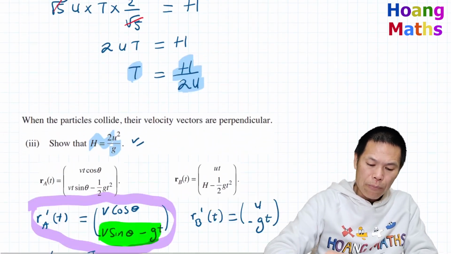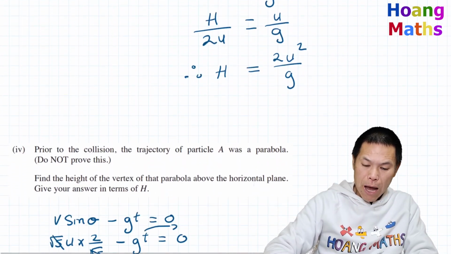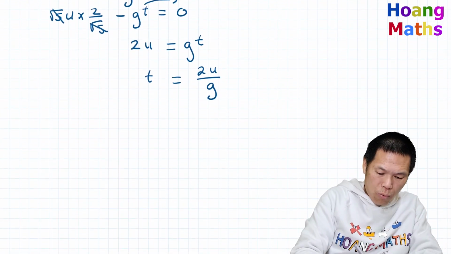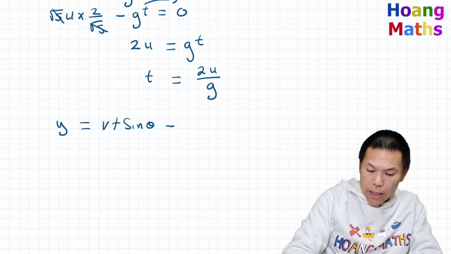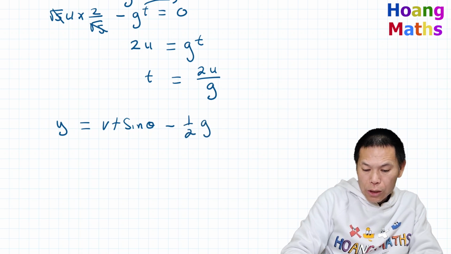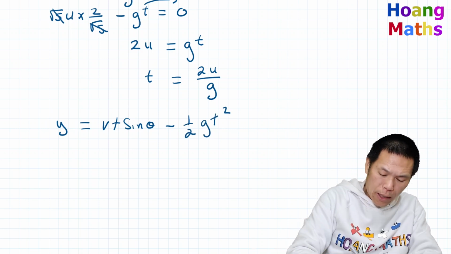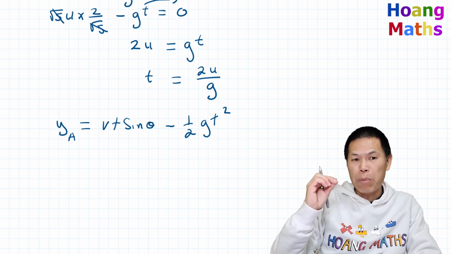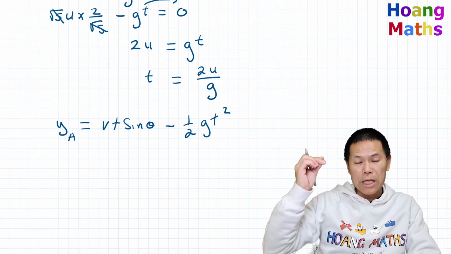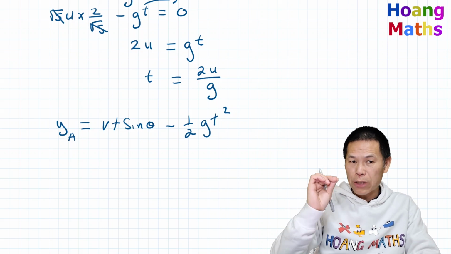Let me write this down. So y is vt sine theta minus a half gt squared. Let's call this y_A, because we just need to focus on the y component to find the maximum height for particle A.